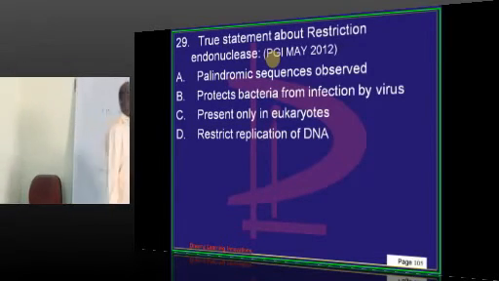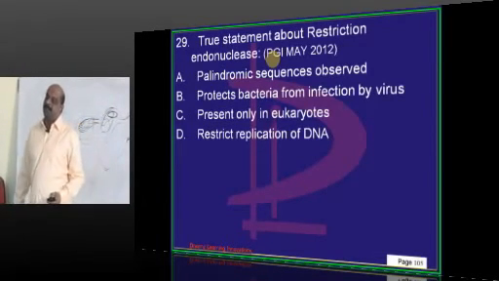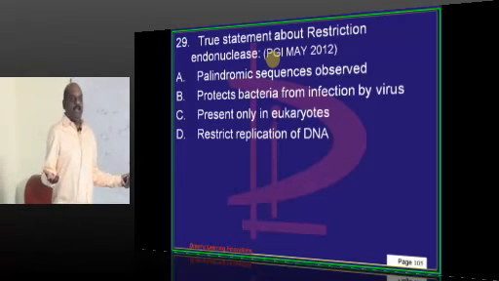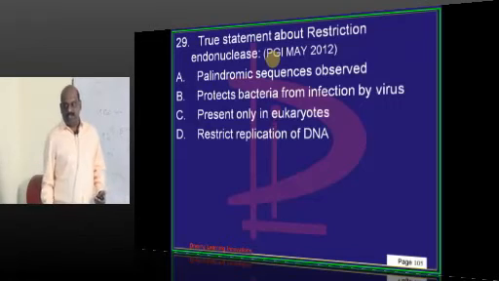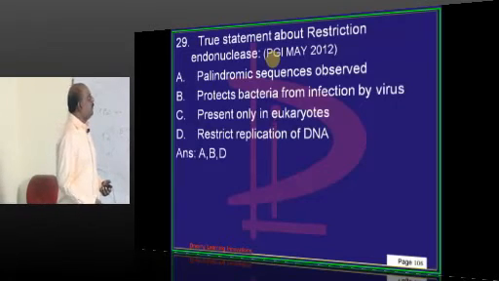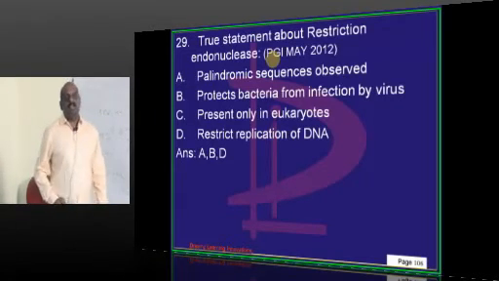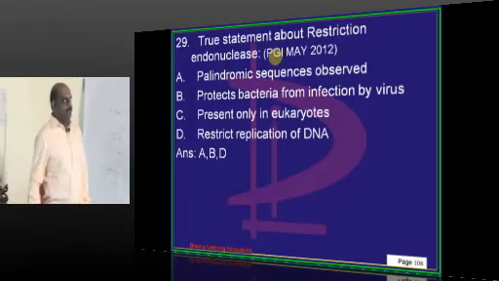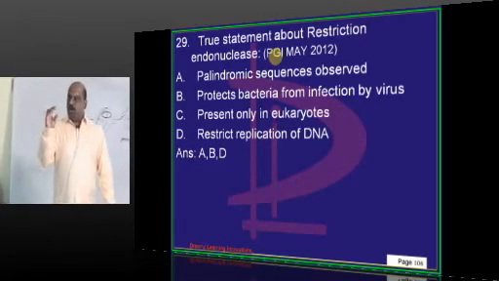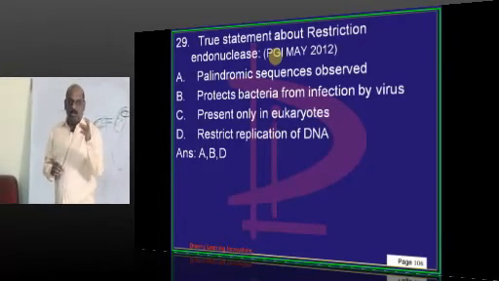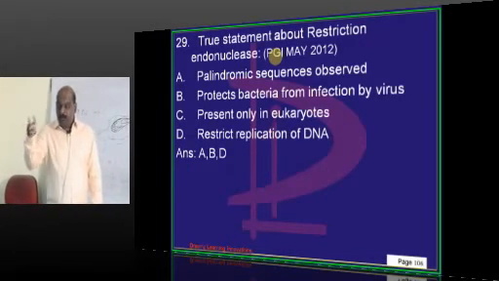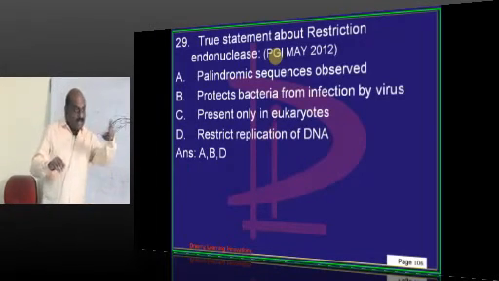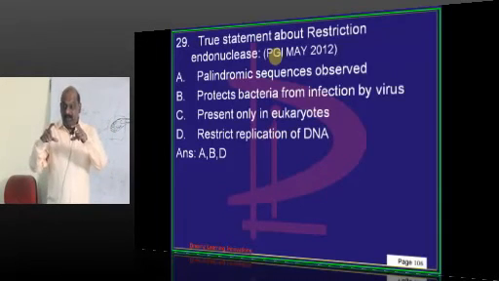Now doctor, restriction endonuclease. RFLP is a very state-of-the-art molecular technology to decipher the genetic structure. So palindromic sequences are basically observed. For example, if you have a normal allele of a gene and an abnormal allele of the same gene, the protein produced from the normal allele versus the abnormal allele will not be the same in length.